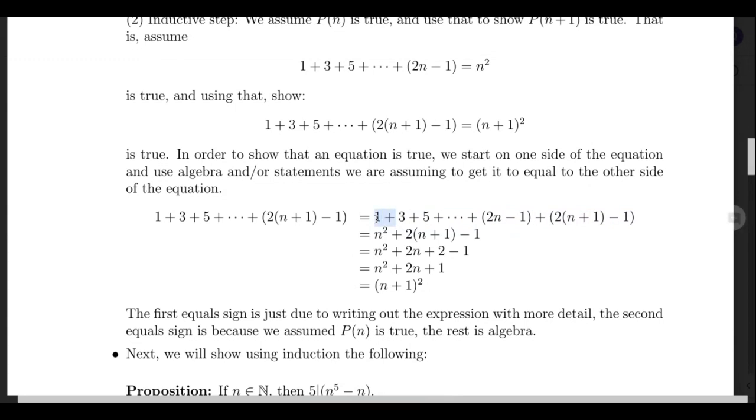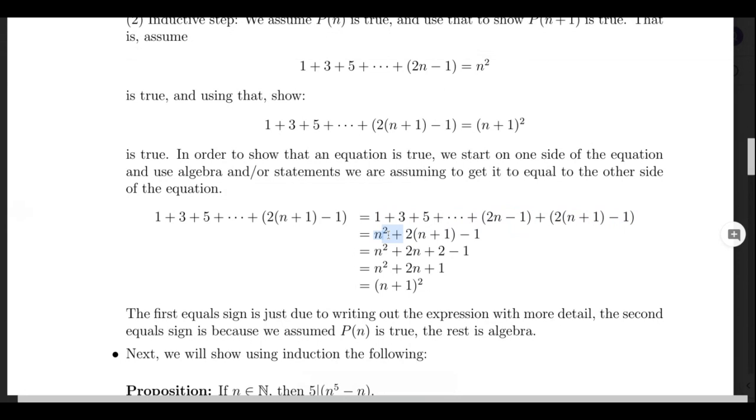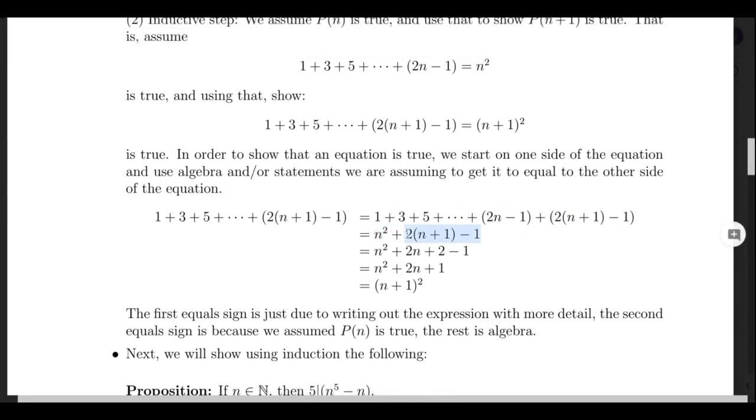By assumption, the sum of the n odd natural numbers equals n squared. So we have n squared plus the n plus 1th odd natural number. We simplify, we get n squared plus 2n plus 1, which is n plus 1 squared.